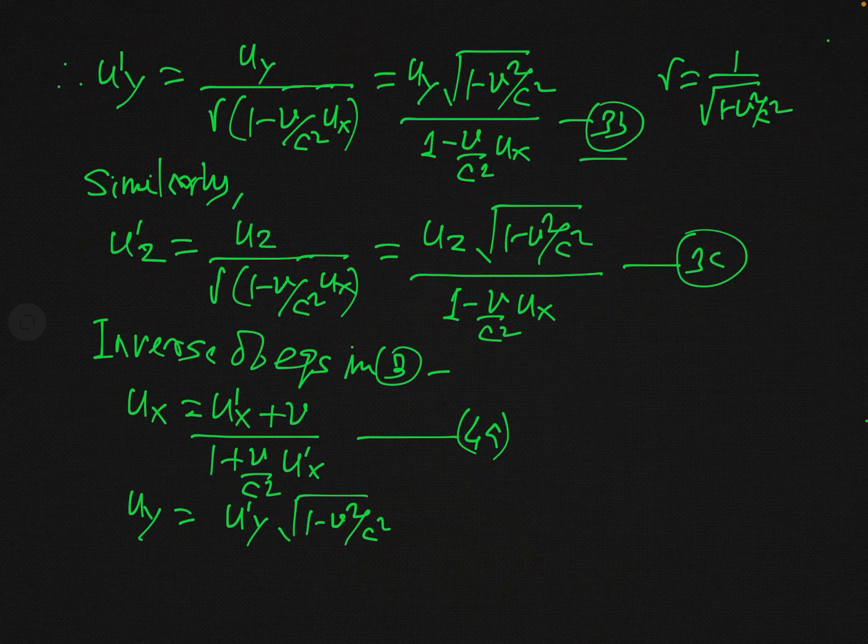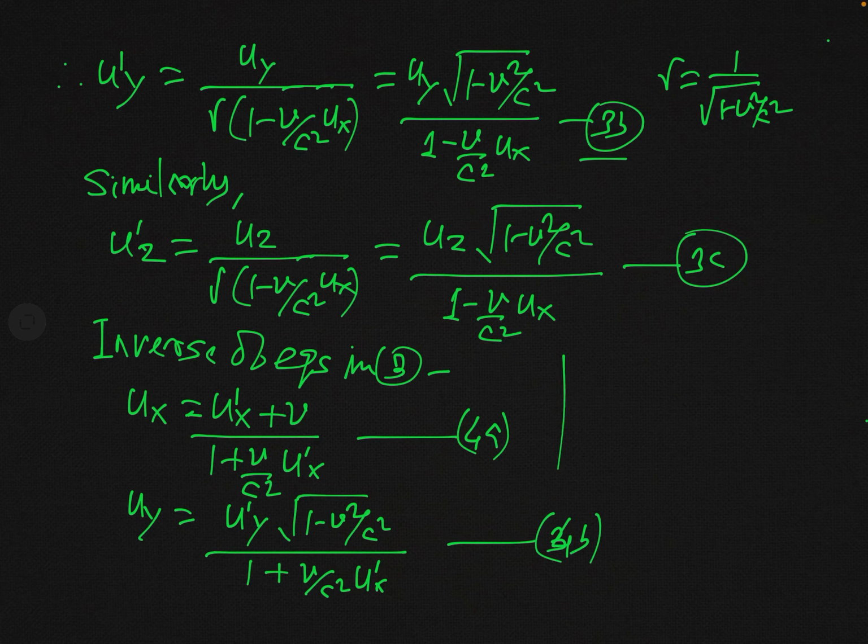When we square the minus v, that will be plus v square, so this minus sign will remain the same, it will not become plus. In the denominator, since v will now be minus v, this will become plus, so v over c square, and ux will become u prime x. So this is the inverse of equation 3b, let us say equation 4b.